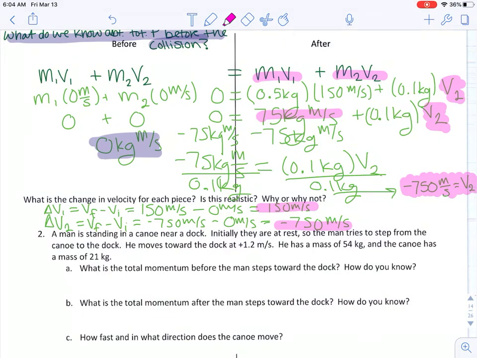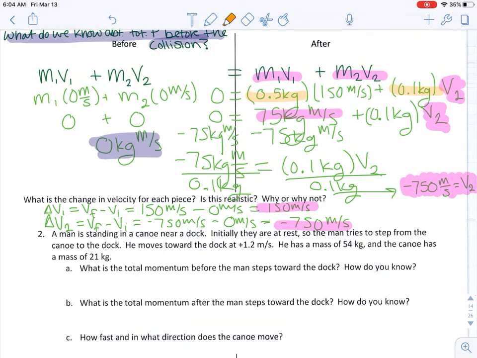In this case, object 1 has more mass. Object 1 is 0.5, object 2 is 0.1. So object 1 has more mass, and so it makes sense that it is a much smaller change in velocity. Again, we can kind of ignore the negative sign on the 750. We're just looking at how big the change in velocity is, not really worried about the positives and negatives.